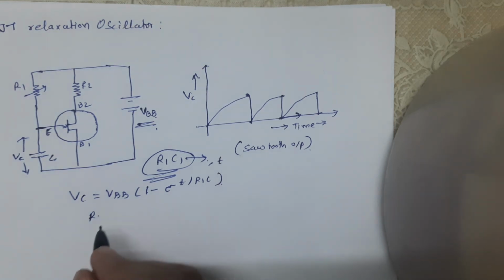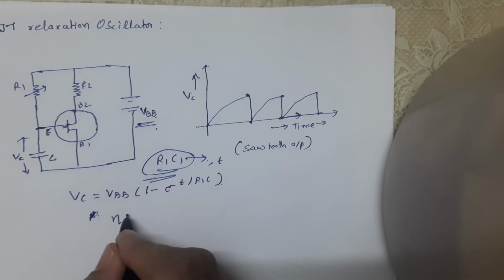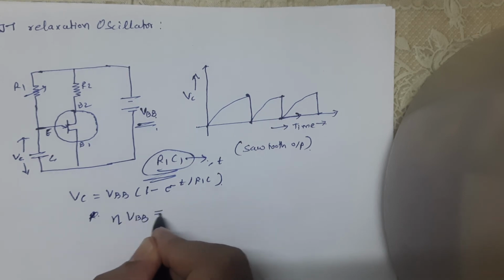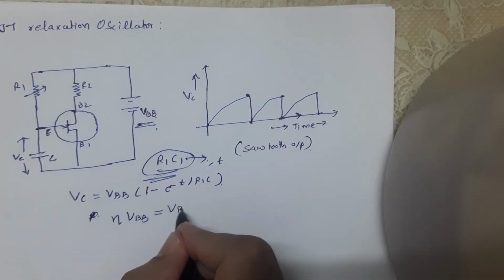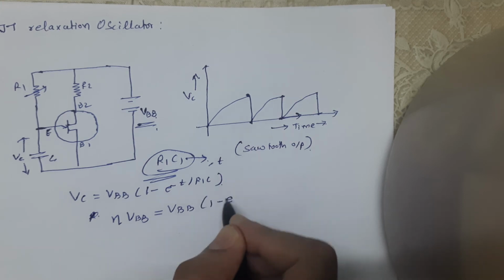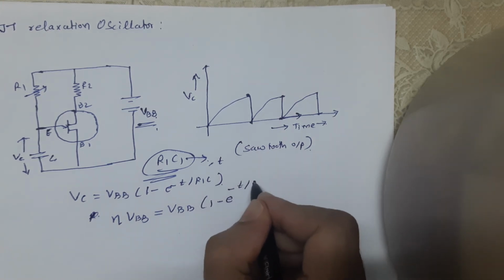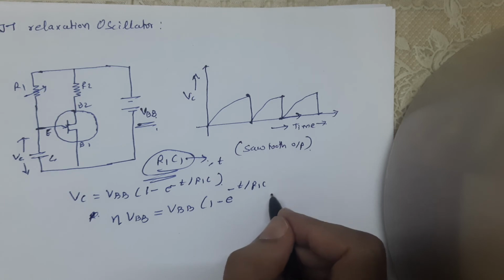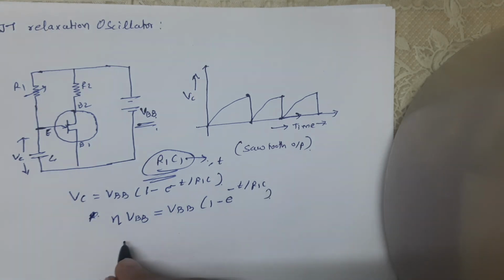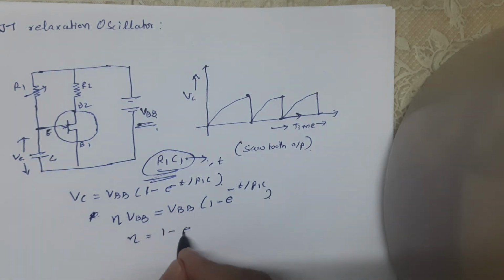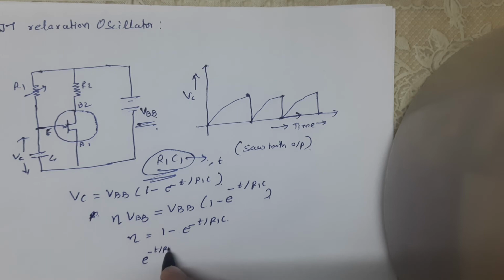So here we can write that eta VBB, the intrinsic standoff ratio, is equal to VBB into 1 minus e raised to minus t upon R1C. Therefore eta is equal to 1 minus e raised to minus t upon R1C. Therefore e raised to minus t upon R1C is equal to 1 minus eta.